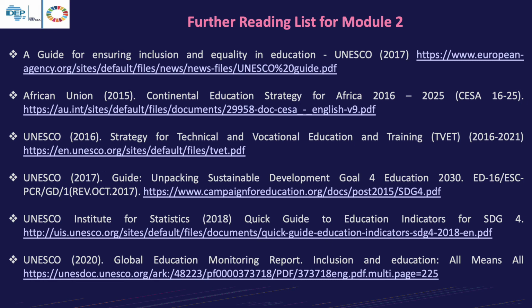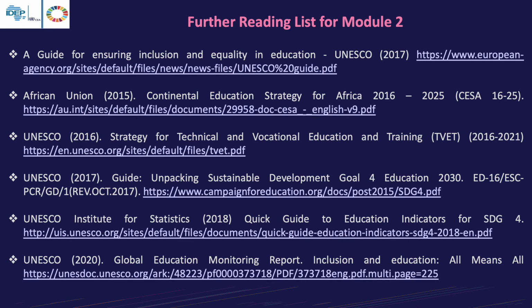For your further reading, I encourage you to look at a very interesting guide that UNESCO developed in 2017 for ensuring inclusion and equality in education. Also, look at the CESA 2016-2025, then the guide that UNESCO developed for SDG 4, and then the quick guide for education indicators for SDG 4, and the Global Education Monitoring Report.